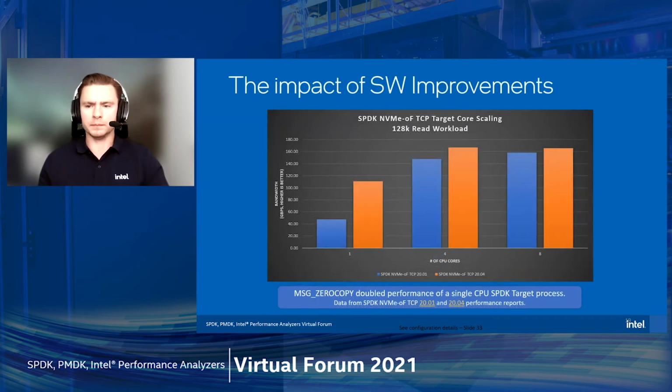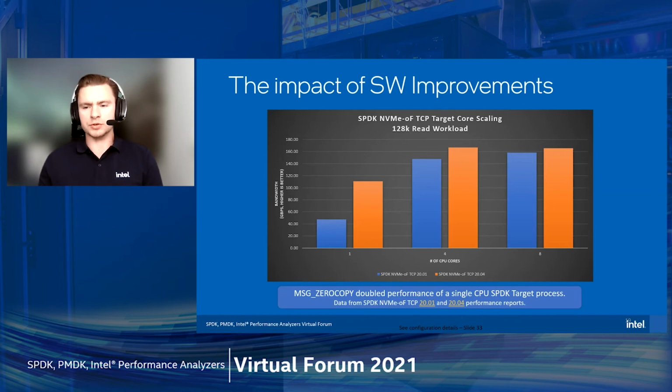As for the large block size sequential workloads, like in the case of 128K read workload, just a few cores will allow to saturate a 200 gigabit network link. And in some cases, just one core is enough to do a bit over 100.